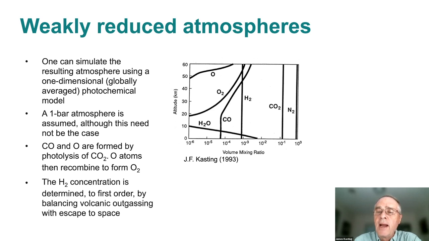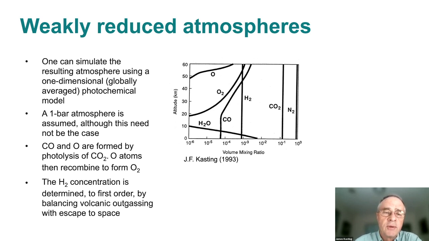Here's a diagram that I published in a paper in Science in 1993 that shows the major constituents in a weakly reduced atmosphere as calculated with a one-dimensional photochemical model, which is one of the tools that I've used in my own research. And the calculations here were for an atmosphere with 1 bar of surface pressure.